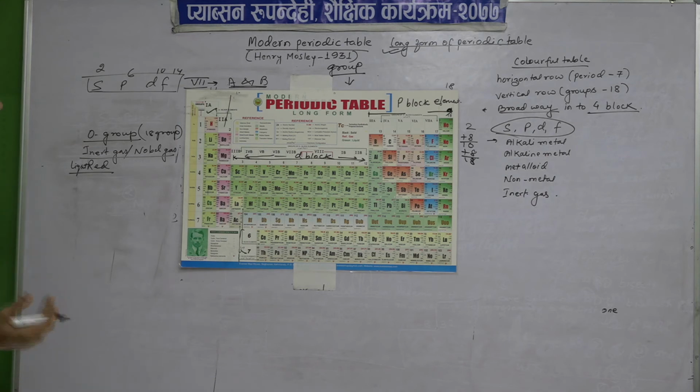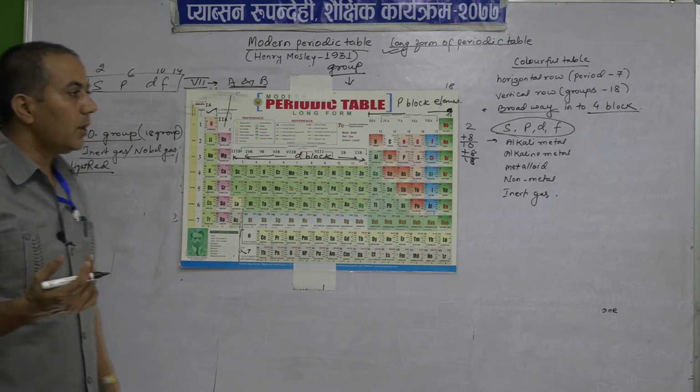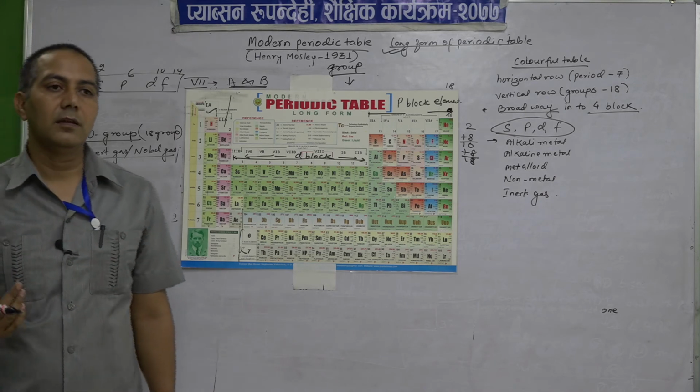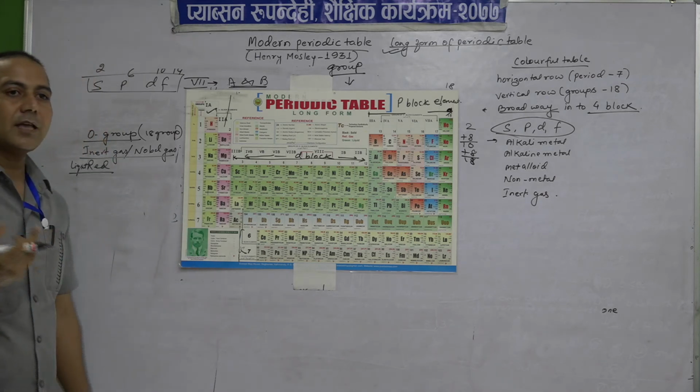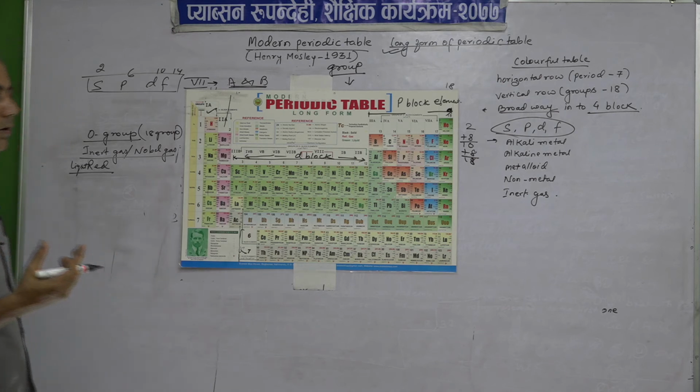So why is it an inert gas or noble gas? Because the outermost shell of the inert gases is an octet or duplet.